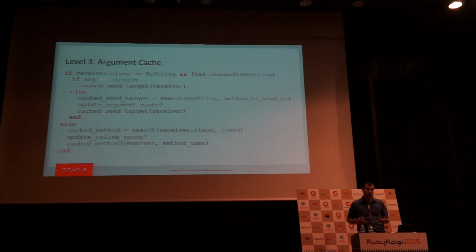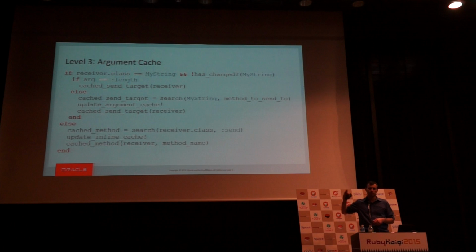So for the cost of an extra guard check or two, we're able to basically dispatch this exactly the same way we would have done if we called length directly. And then if the argument doesn't match, we can do the lookup again and basically update that argument cache internally.